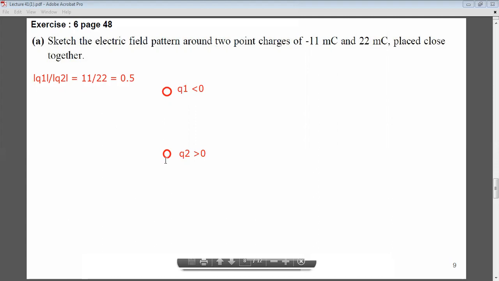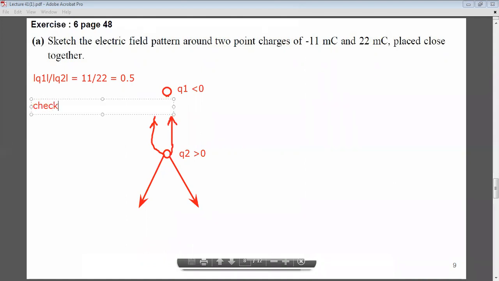Let's draw 4 field lines outward, so there should be only 2 inward. If you count, I have 2 entering Q1 and 4 leaving Q2, so Q1 over Q2 is 2 over 4, equal to half.